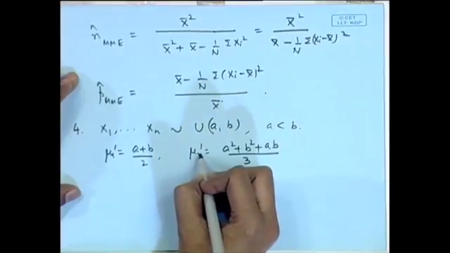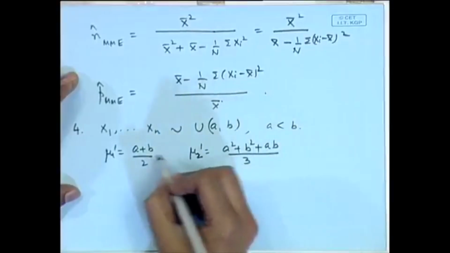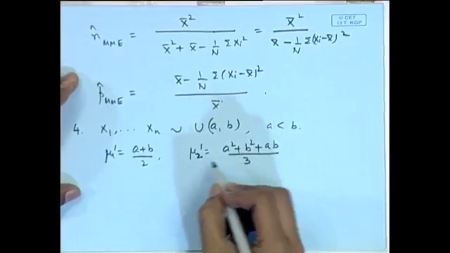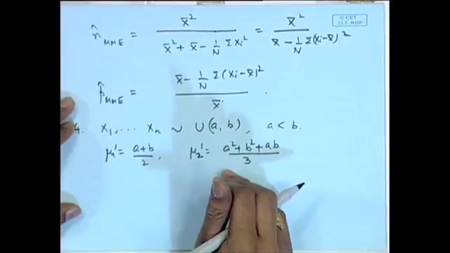Now, many times you will see that when we have a multi-parameter situation, the solutions of the equations may not be trivial, because the equations need not necessarily be linear. In general, they may be non-linear equations, as you have seen in the binomial case, and the same thing is true in the uniform distribution case also.